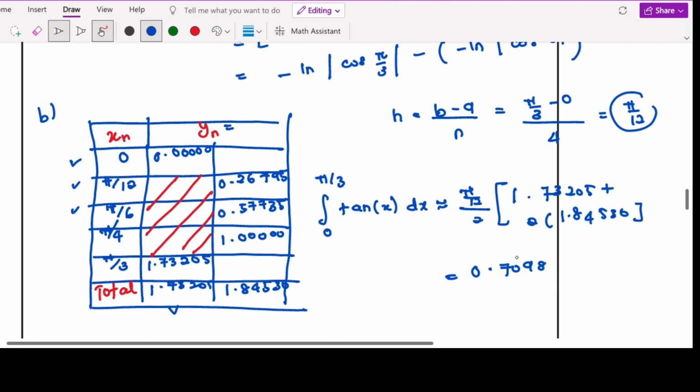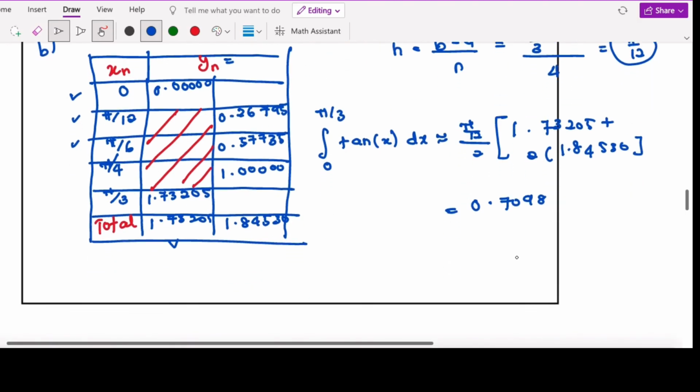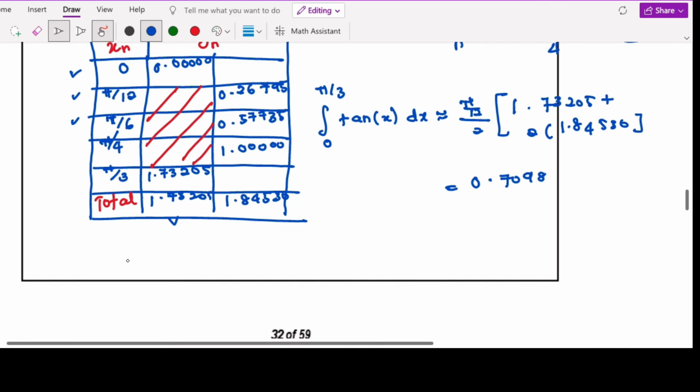This is the approximation value, and then the question continues: find the percentage error. You need to find the error first. Error is equal to the approximate minus the actual value. The approximate value is 0.7098. The actual value is from part A, 0.6931. So the value is 0.0167.